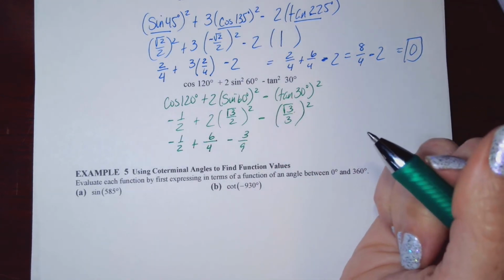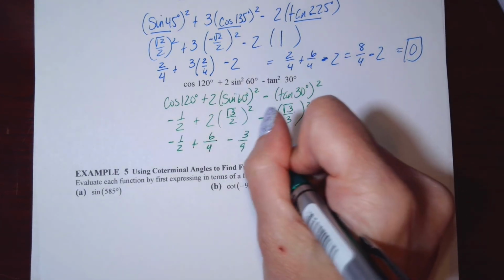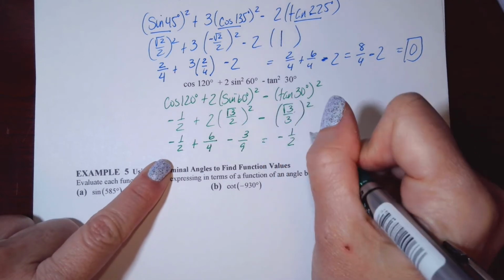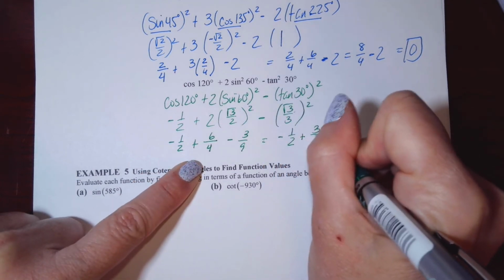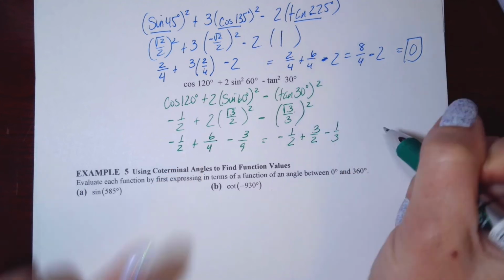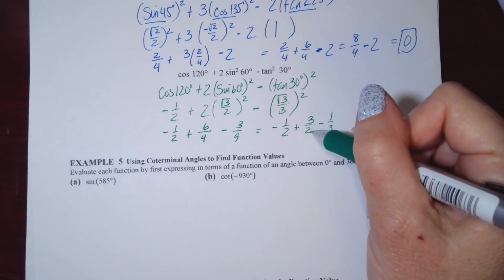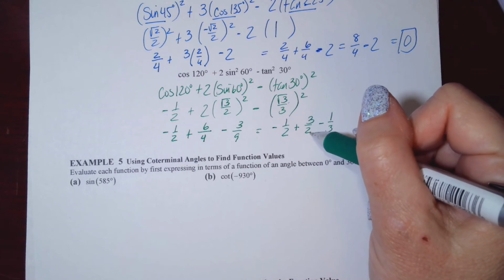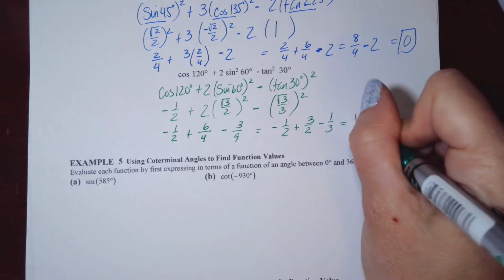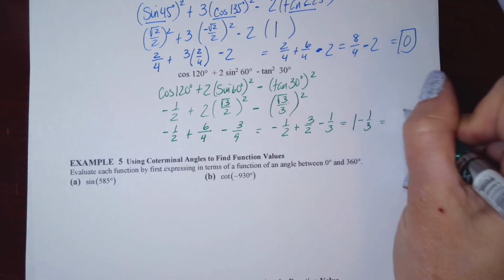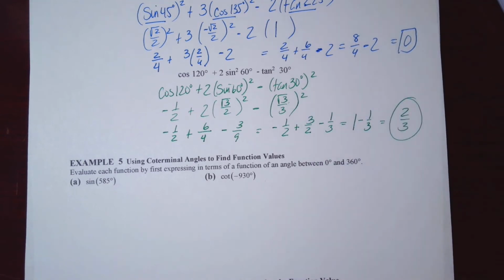Well, 3 over 9 is just 1/3. So let's clean this up. Negative 1/2 plus 3/2 minus 1/3. Negative 1/2 and 3/2 is 2/2, which is just 1. So I have 1 minus 1/3, which gets me to 2/3.